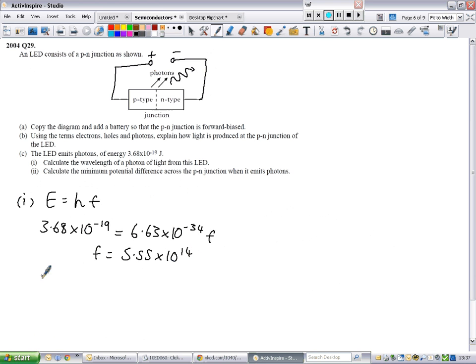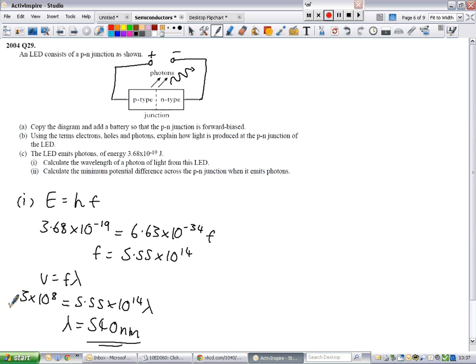You can then do v equals f lambda, because you know that all photons travel at the same speed. They travel at the speed of light, 3 times 10 to the power 8 metres per second, which is equal to 5.55 times 10 to the 14 times lambda. And lambda will give you 540 nanometres. So again, in the visible range of the spectrum.